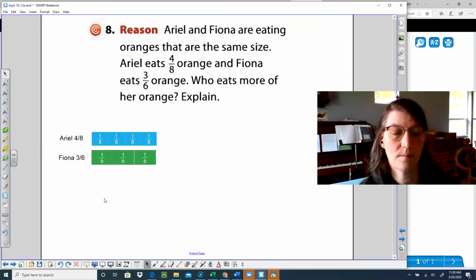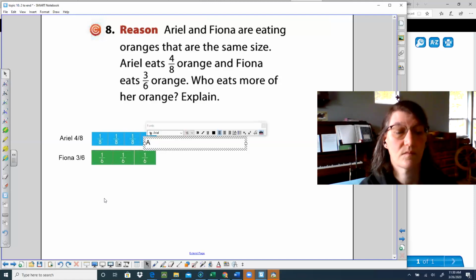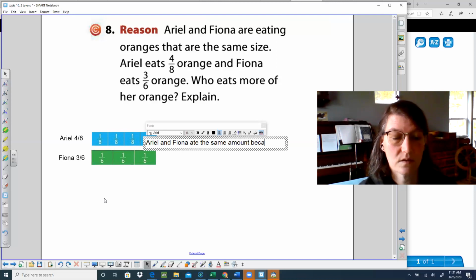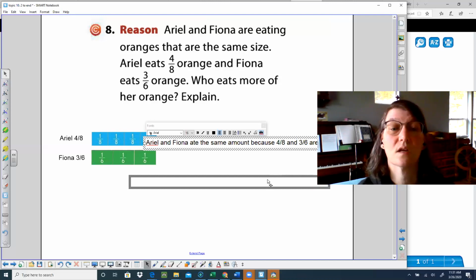So we're going to say Ariel and Fiona ate the same amount because 4/8 and 3/6 are, and we're going to type the fancy word. Let me move it so you can see it so it's not just under my head.